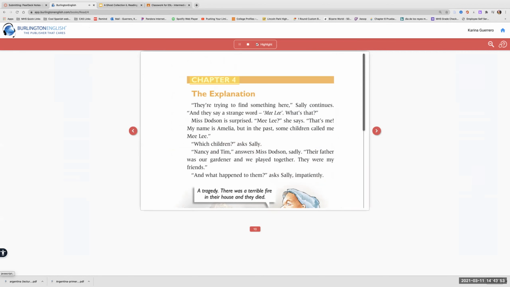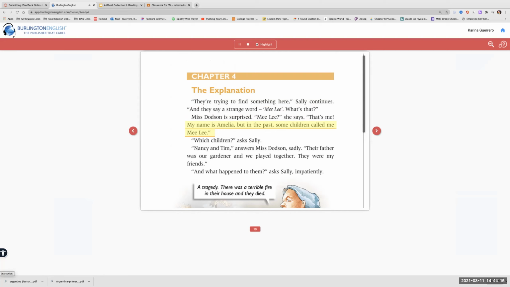Chapter 4. The Explanation. They're trying to find something here, Sally continues. And they say a strange word, mealy. What's that? Miss Dodson is surprised. Mealy, she says. That's me. My name is Amelia, but in the past, some children called me Mealy.